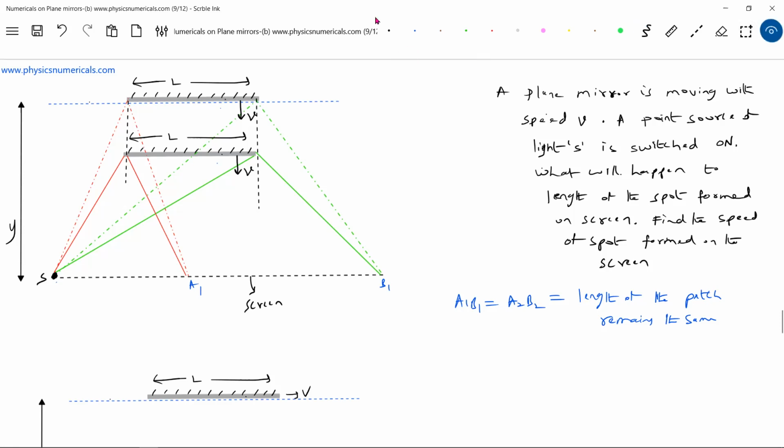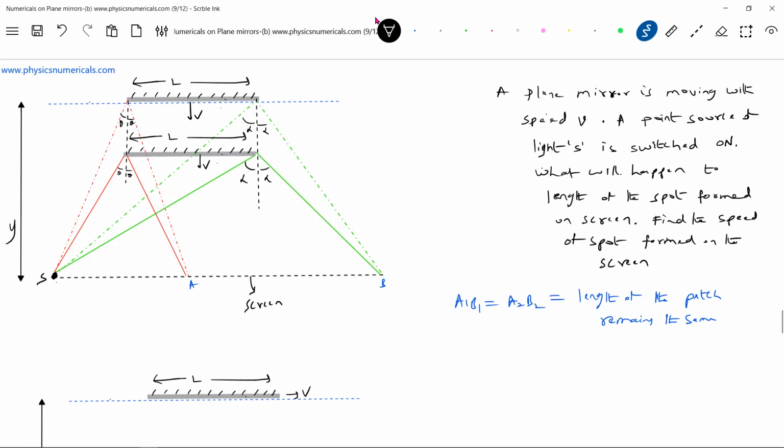So here, if you look at those angles, theta. If you find it very difficult to take a scale and protractor and analyze, the length of the spot will not change. There's nothing called A1, B1.